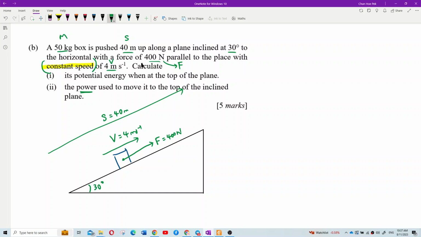So it has weight mg, which is 50 times g, and don't forget it has a normal force.